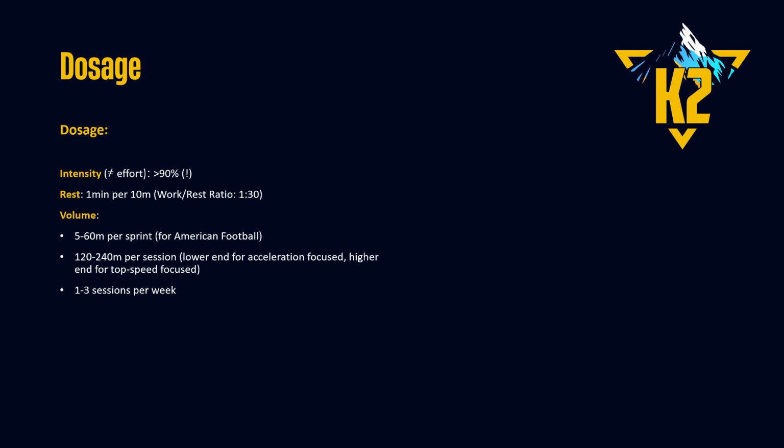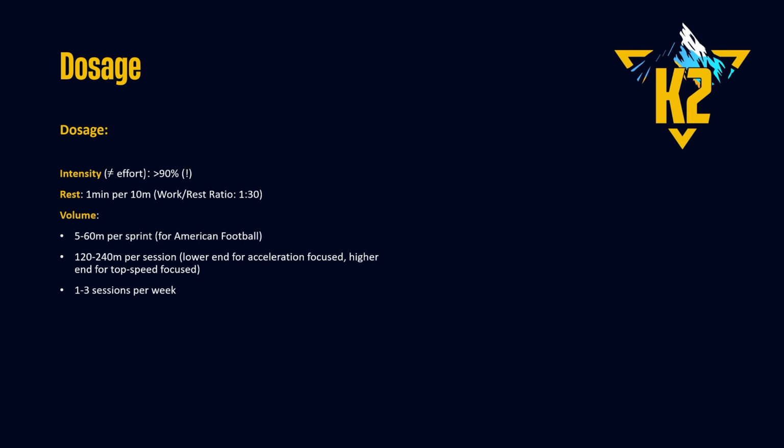The volume is kind of depending on the content of the session. So if we take a look at the second point, it's 120 to 240 meters per session. The lower end, so more like 120 meters, if you focus more on acceleration, and 240 more if you focus on top end speed.